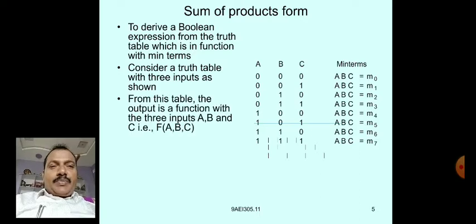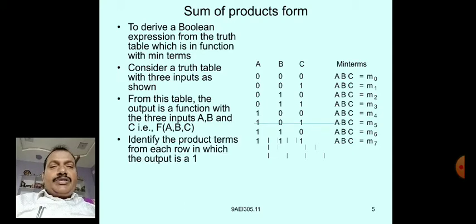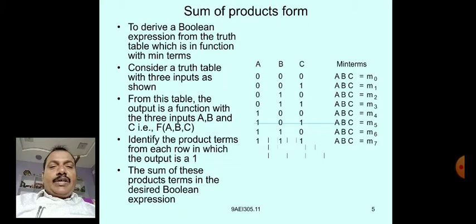To derive a Boolean expression from the truth table, which is a function with minterms, consider the truth table, which has 3 variables A, B and C. Identify the product terms from each row in which the output is a 1. The sum of these product terms is the desired Boolean expression.